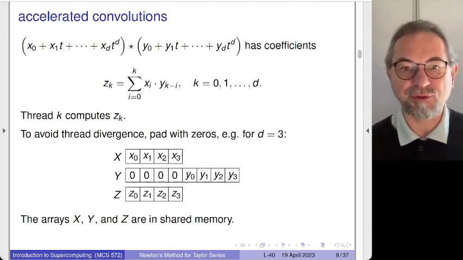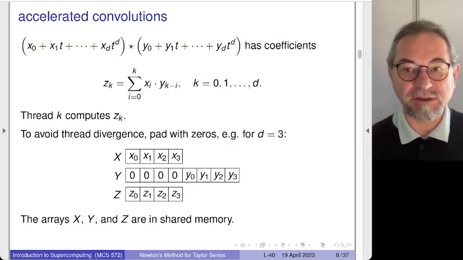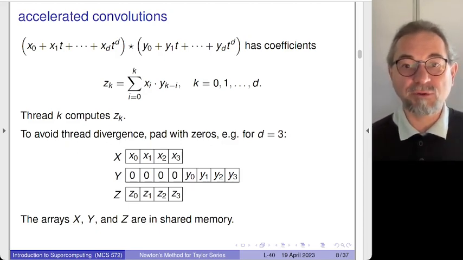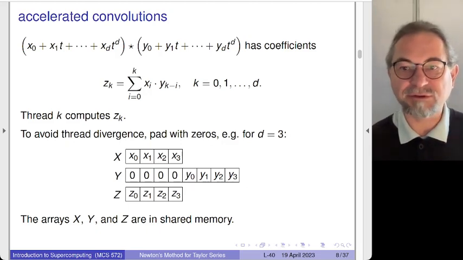We encountered convolutions earlier with the fast Fourier transform. Here the convolutions are different in the sense that the degree of truncation is not 1024 or higher. It's actually a very small number, relatively speaking.